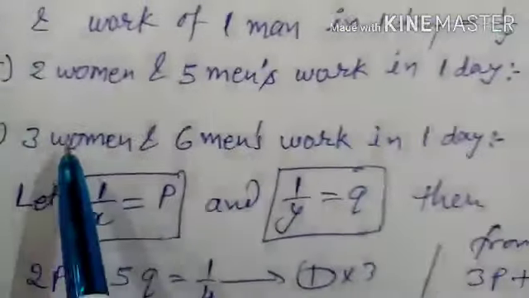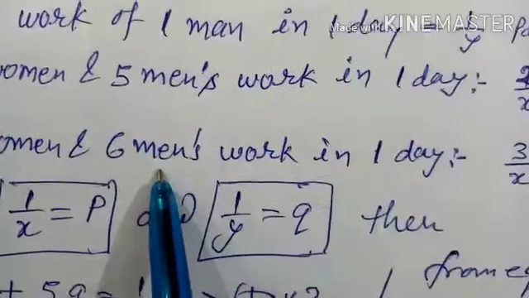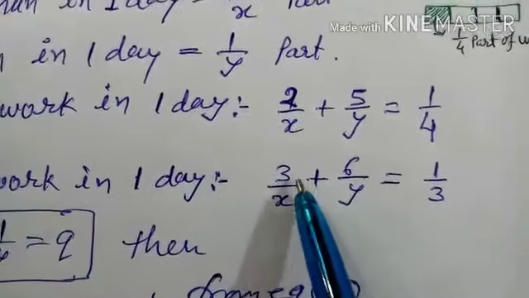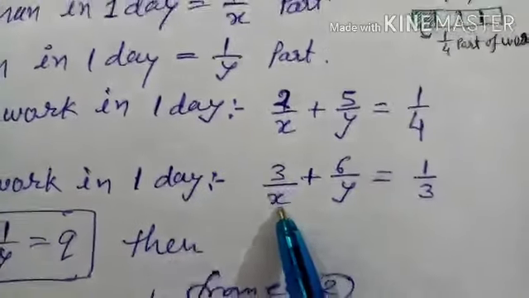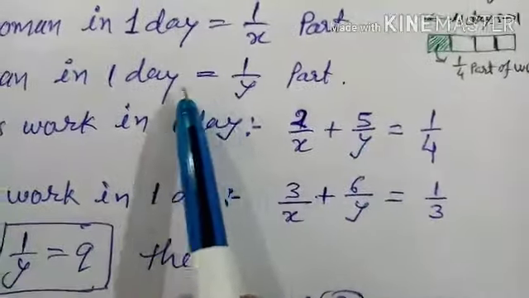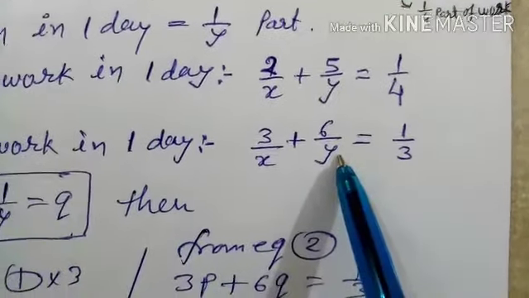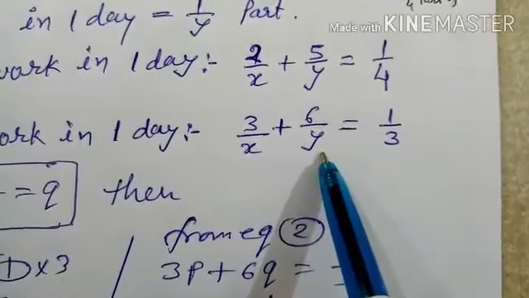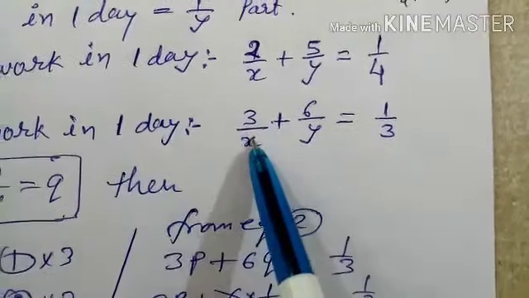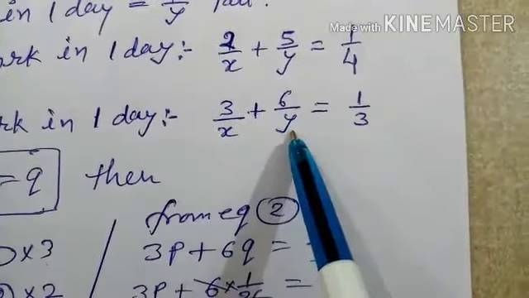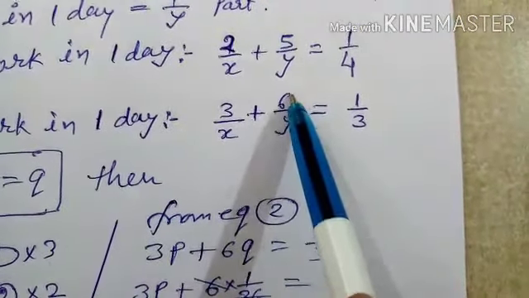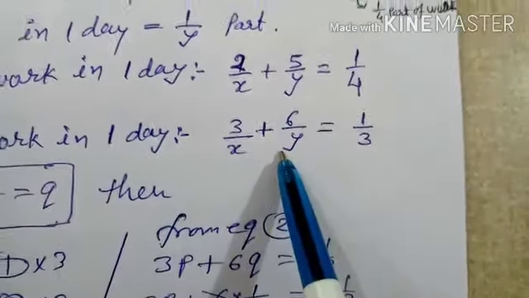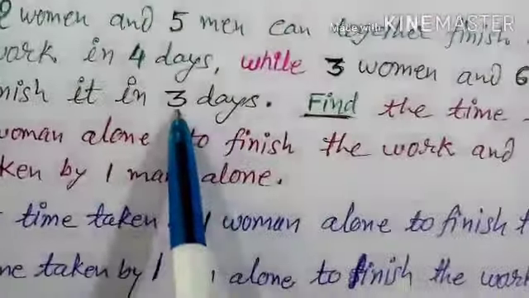Now second case, 3 women and 6 men. Since one woman's work in one day is 1 by X, 3 women is 3 into 1 by X, that is 3 by X. One man's work in one day is 1 upon Y, so 6 men is 6 into 1 upon Y, that is 6 upon Y. This is the work done by 3 women and this is the work done by 6 men, total 9 persons in one day, and they can finish this work in 3 days.